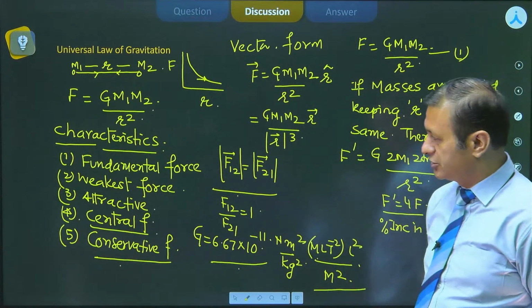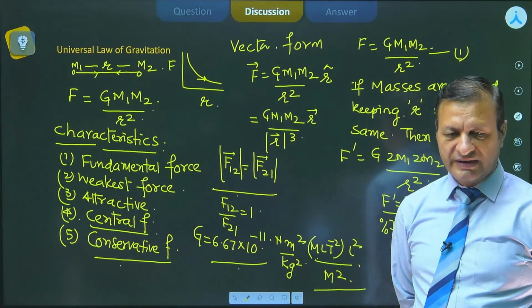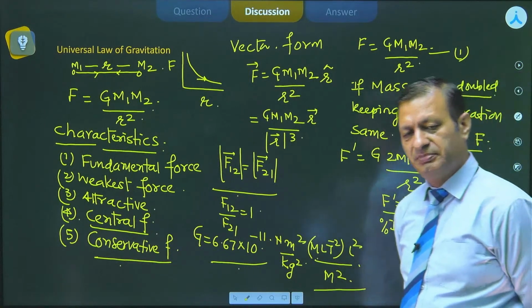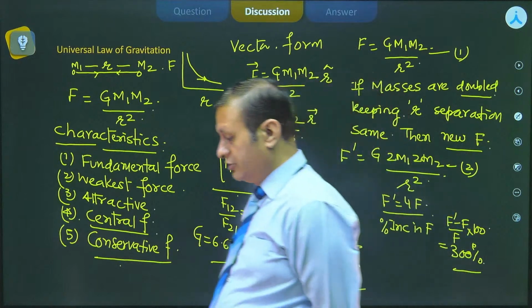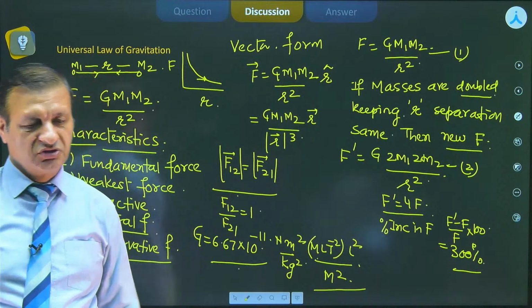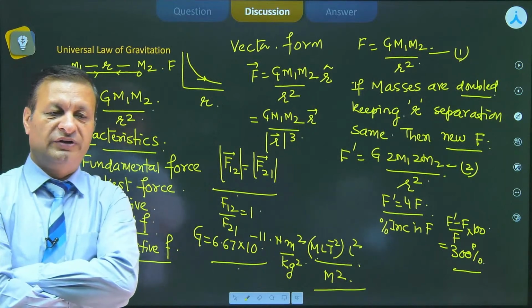Take your time, go through it, understand it, thoroughly revise it, and if you have any question coming to your mind, please ask. Aditya has again given me the right option. Tyasha, good, 300%, 4F, the new force.